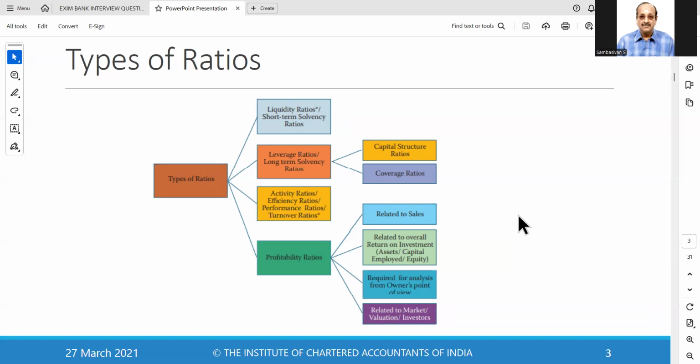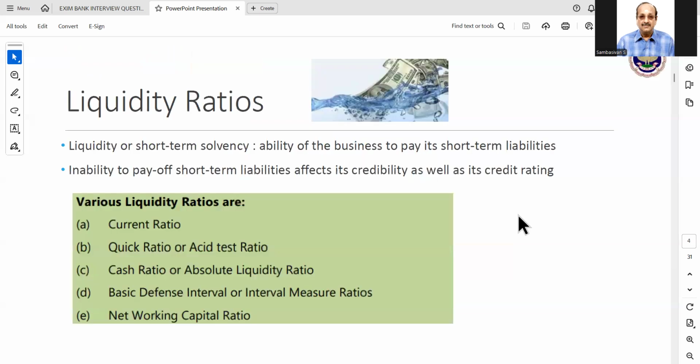Under profitability ratio, you have those related to sales, related to overall return on investment, that is assets or capital employed or equity, required for analysis from the owner's point of view, and related to market valuation, from the angle of investors.